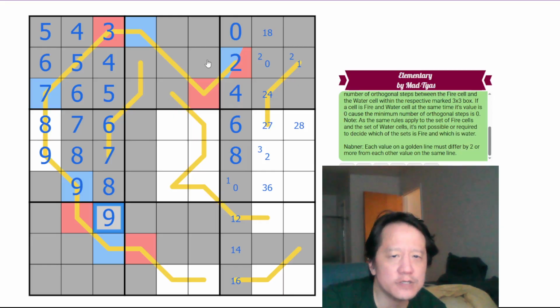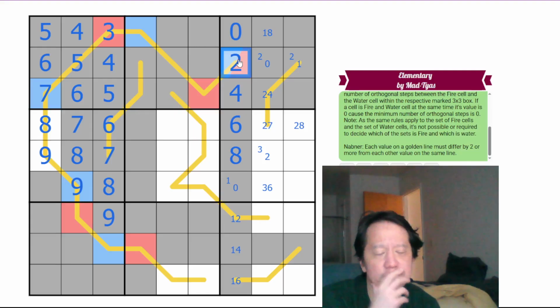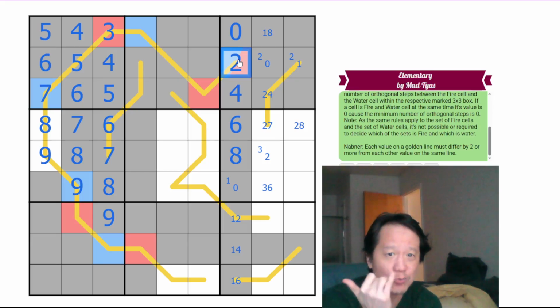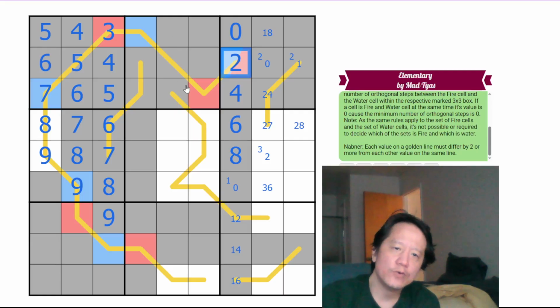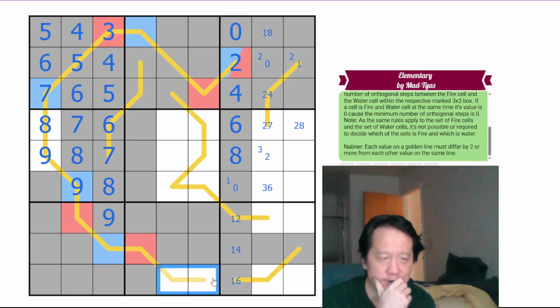So we're guaranteed this is both. That's 2 digits there. So it cannot be 5, 7, 8, or 9. It could potentially be 6. Very unlikely. It's probably 1 or 2 would be my guess. We have 1, 2, 3, 4, 5, 6, 7, 8, 9, 10 digits in fire and water.